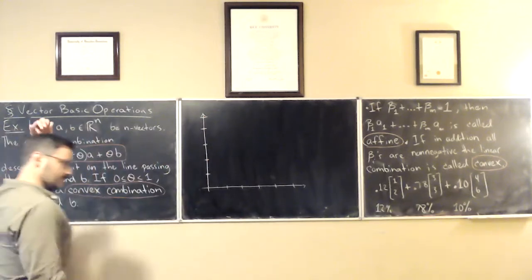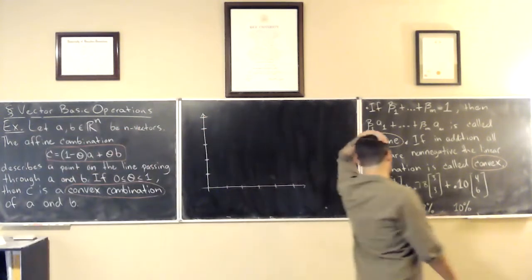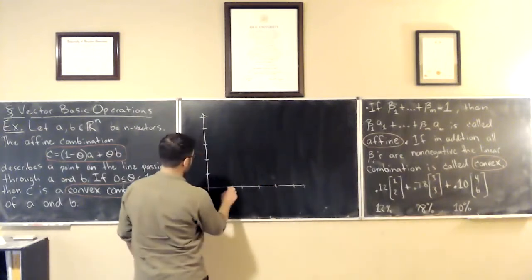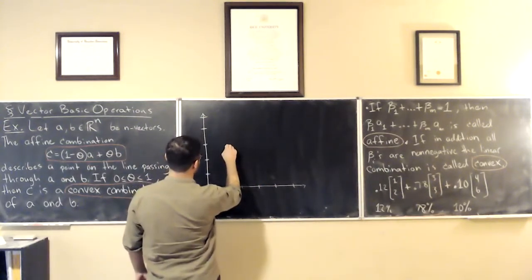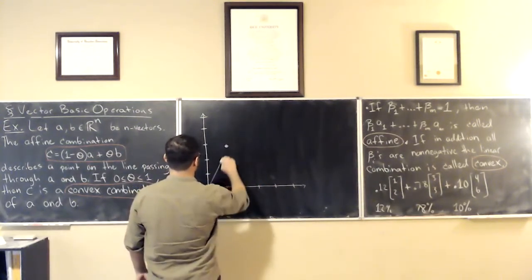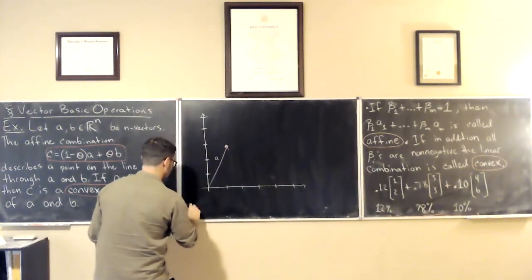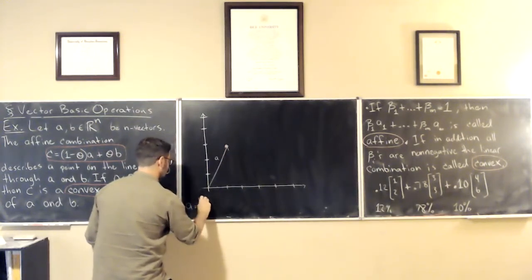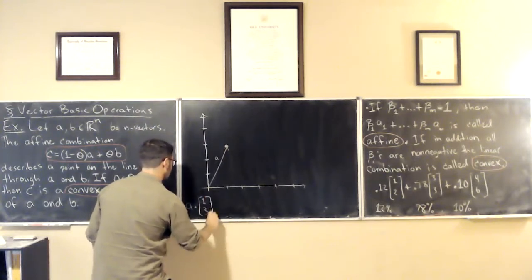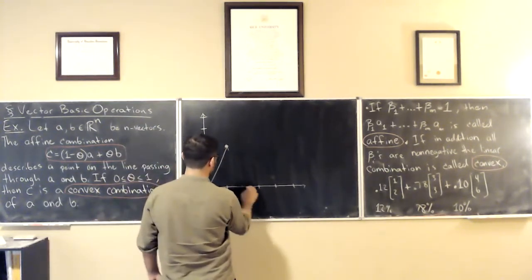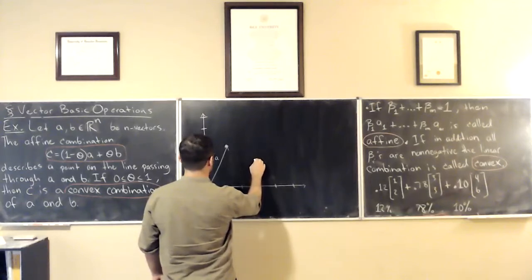All right, so let's look at some arbitrary vectors A and B. I'll pick A equal to the vector 1, 3, and maybe B would be 3, 2.